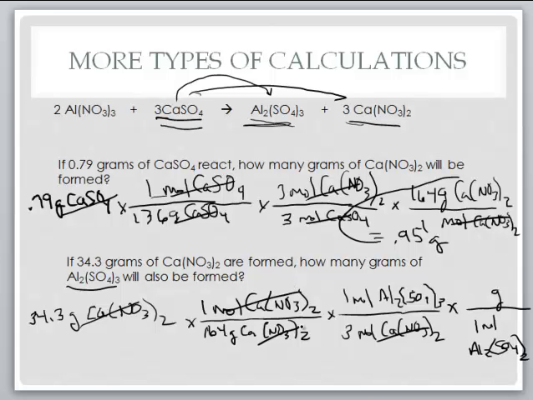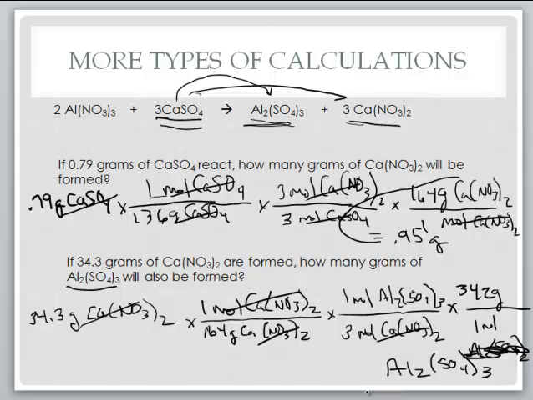2 times 27 plus, here, let me write this formula so this is a little better. We have Al2(SO4)3. So we have 2 times 27 plus 3 times 32 plus 12 times 16, which gives us 342 grams.